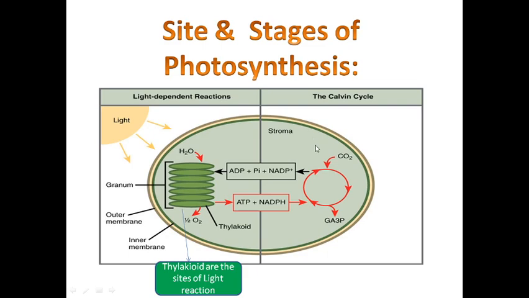This Calvin cycle or the dark reaction takes place in the absence of light and in the stroma of the chloroplast. What is stroma? Stroma is the fluid containing the necessary enzymes for the dark reaction or the Calvin cycle.